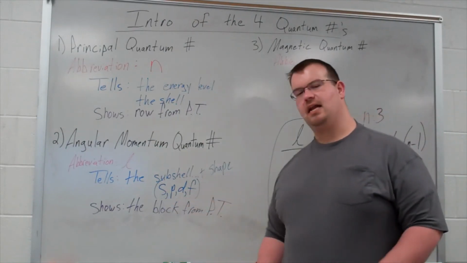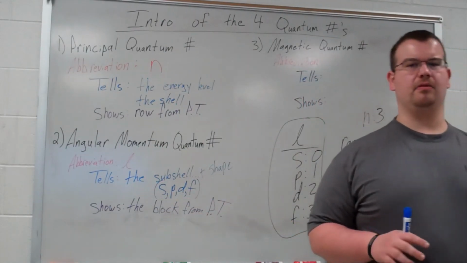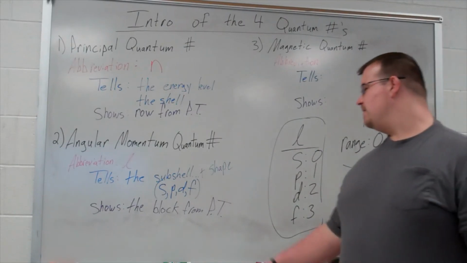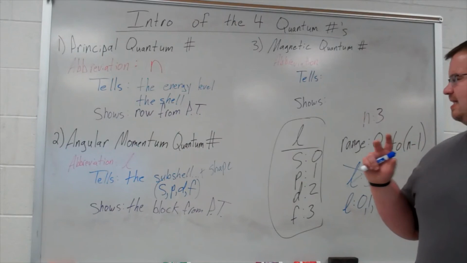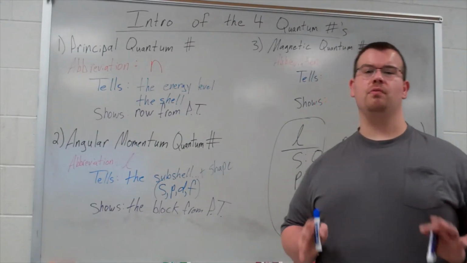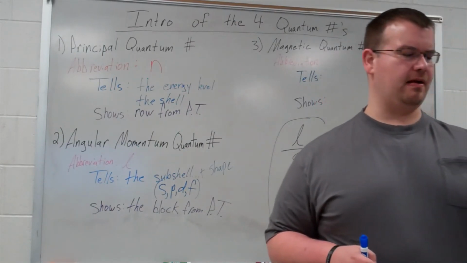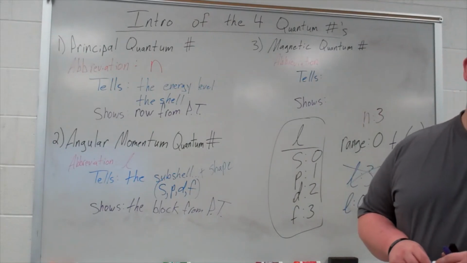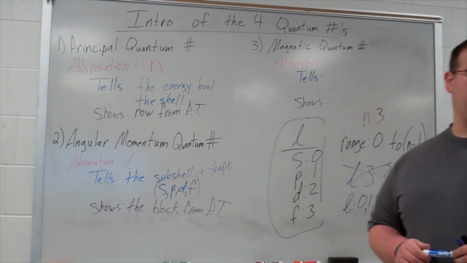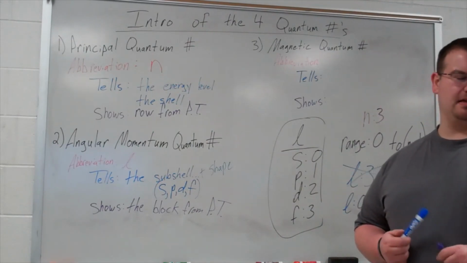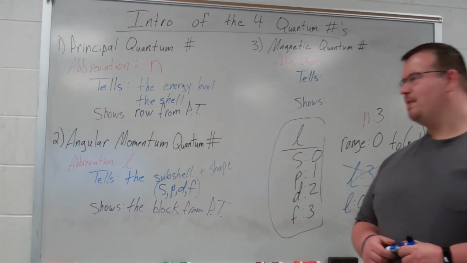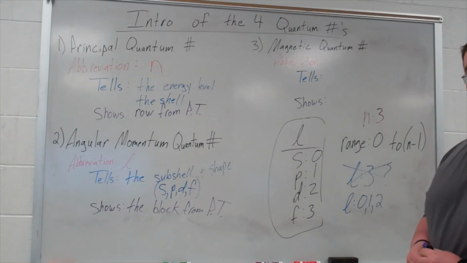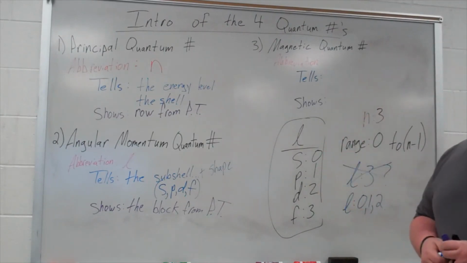So S is kind of like a sphere, like a ball, like a basketball. P is kind of like a peanut. The D, those are where things get complicated. They're very different. They're just interesting, let's say it that way. Some people like to call them dumbbells. I don't know if it really fits that shape-wise.